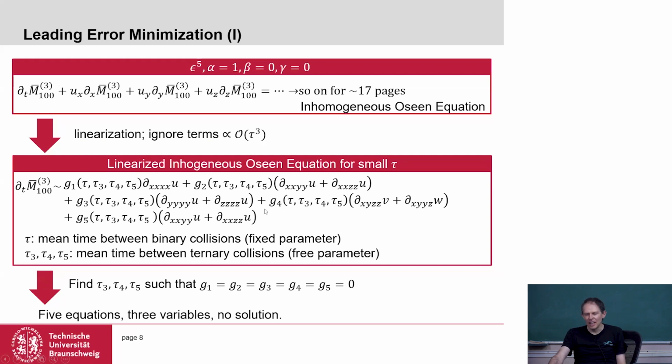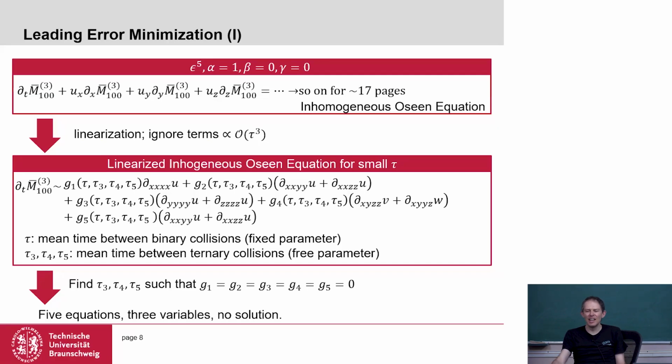Okay. So the first time I did this and I printed it out, this equation went over 17 pages. So now you see why I am a friend of computer algebra systems.